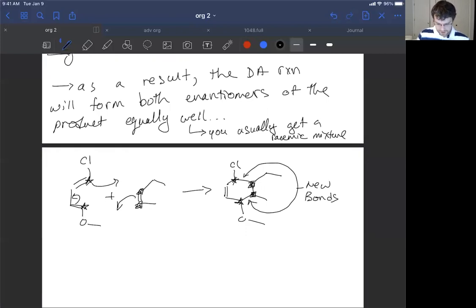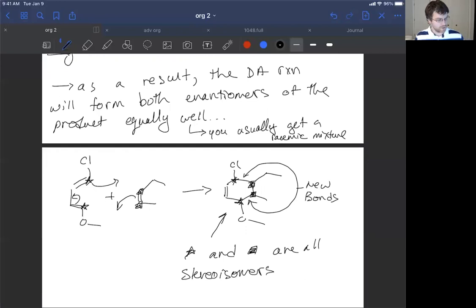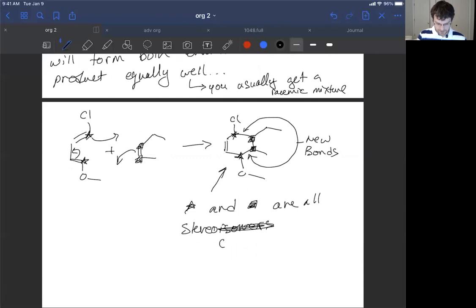Now, with these bonds, the stars and the squares are all stereocenters, which means we have four stereocenters in the molecule. Which means we could form 2 to the 4th power, so that's 16 combinations of wedges and dashes, because we don't have any symmetry in the molecule.